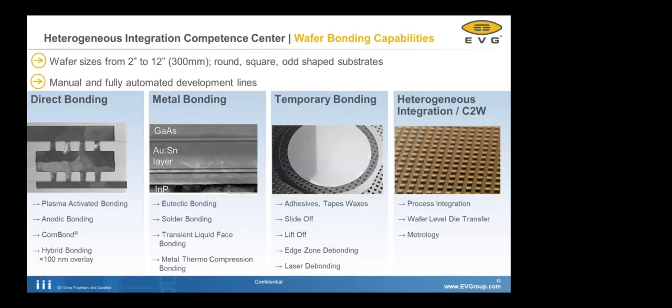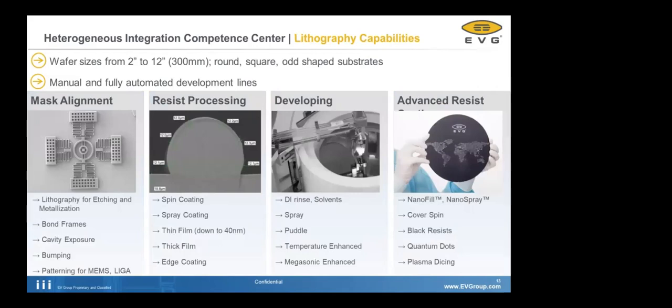Furthermore, we also have lithography capabilities, with a different set of alignment, resist processing development, and further advanced resist processing, such as nanofill, nanospray, cover spin, and black resist. Our newly established maskless exposure is also available in this lab.